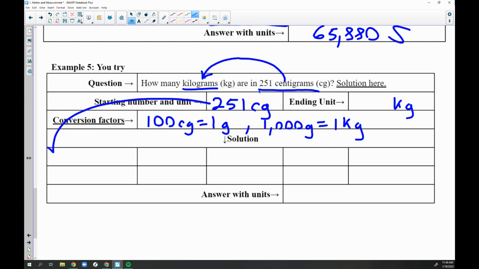So we put this down here in our starting number in unit place, 251 centigrams over 1. And step 1 is we're going to use this first conversion factor to convert from centigrams to grams. So what goes on the bottom? Centigrams. You guys seem to have this.